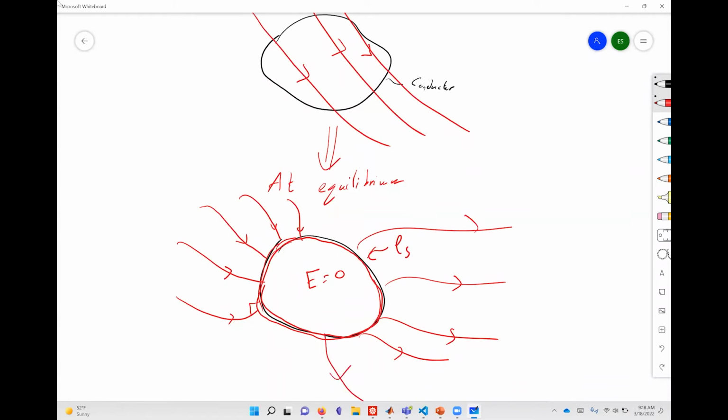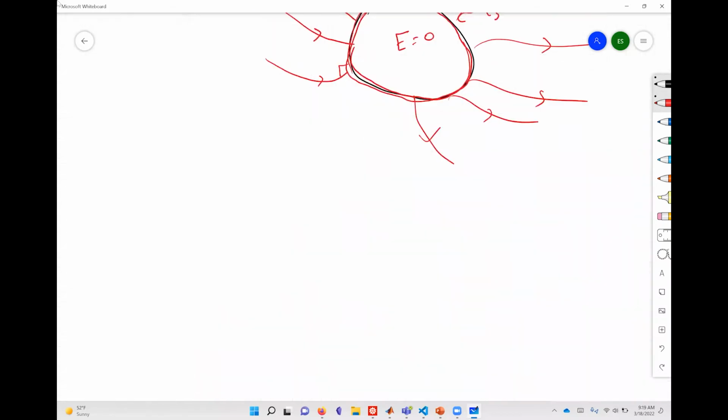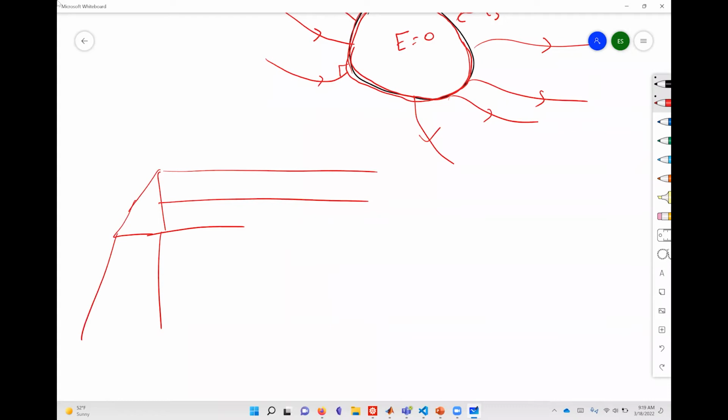If you bring any conductor and apply it to an electrical field, you'll find a surface charge density on the surface of the conductor, right? And the electrical field inside the conductor will be 0. Like if you have a transmission line, one of those towers, and you bring in a metal ball, you're standing here with a metal ball.